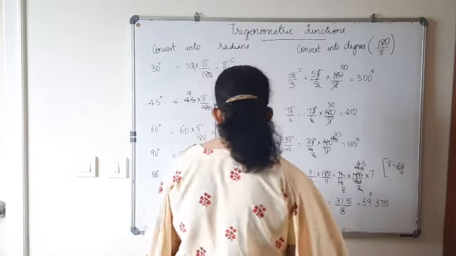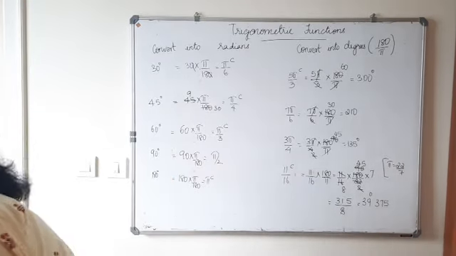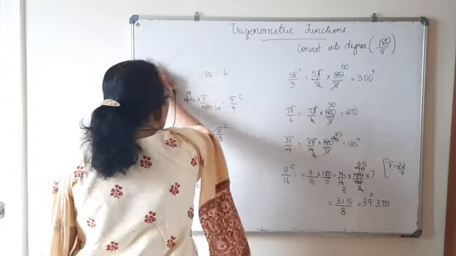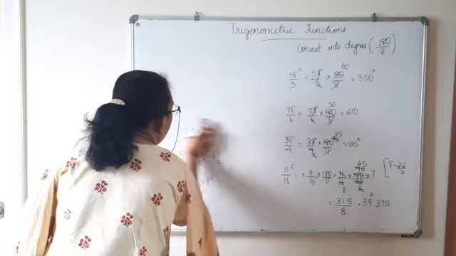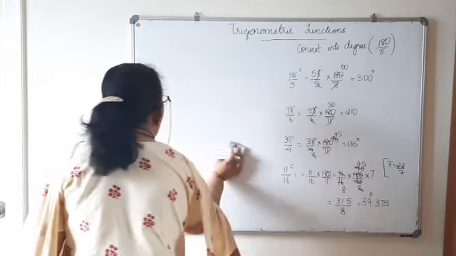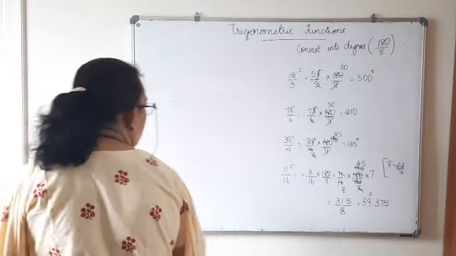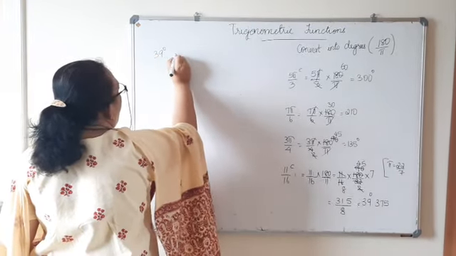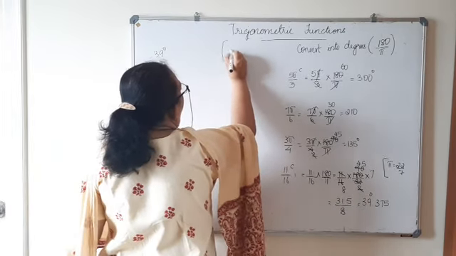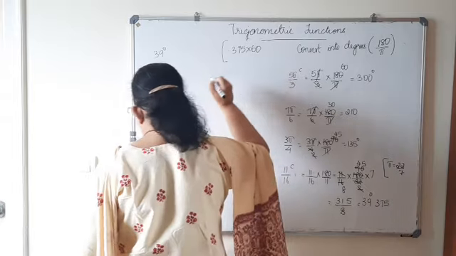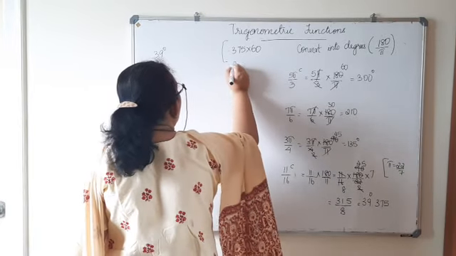So what I'll do is, 39 degrees, and 0.375 into 60. When I multiply, I get 22.5.